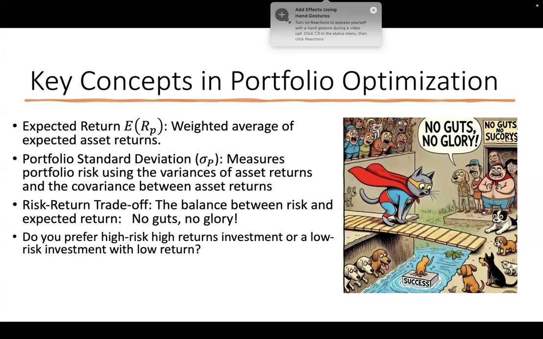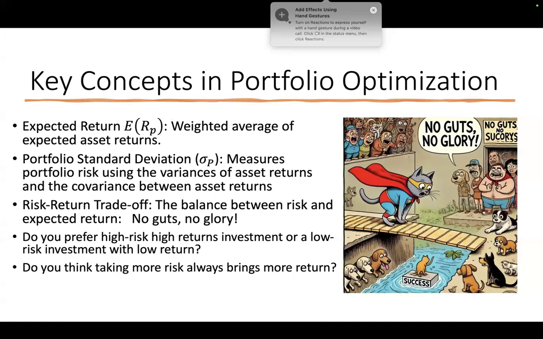Some people prefer high risk, high return. Some prefer low risk, low return. Usually the trend is that as you get older, you get more conservative. Not only in investment, but fun fact, people get more conservative politically as they get old. On average, not everybody, but on average, that's true.